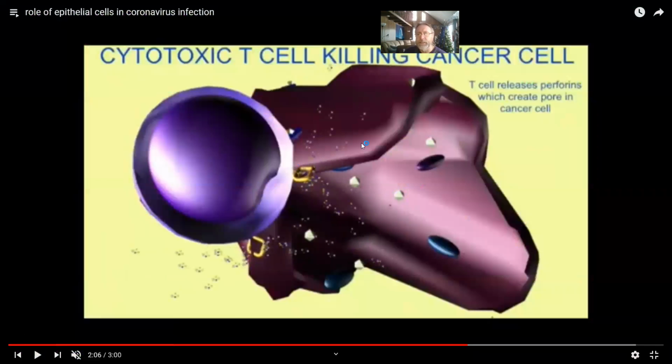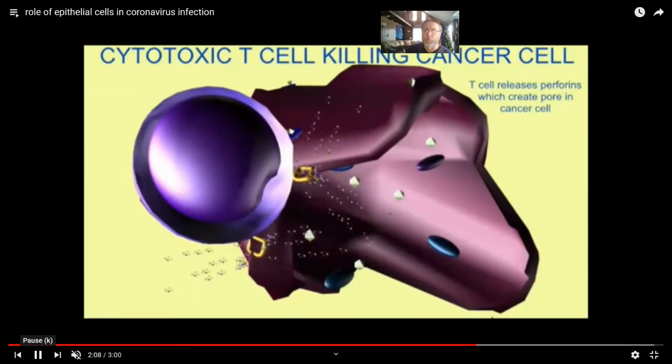Cytotoxic T cells say, here's a cancer cell. They can secrete these little things called perforins, which make a hole. And now this cell has a hole in it, and its good stuff leaks out, bad stuff leaks in, and the cell is dead. Or this cytotoxic T lymphocyte could just press start on the pathway for programmed cell death.